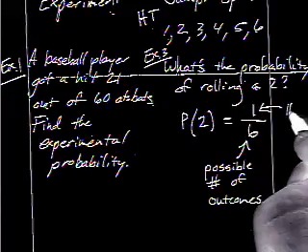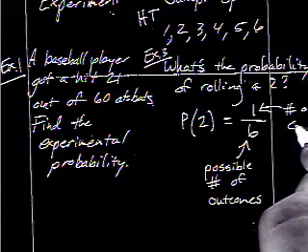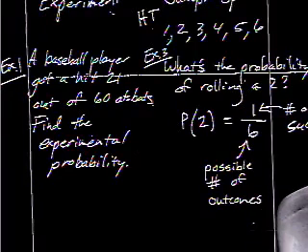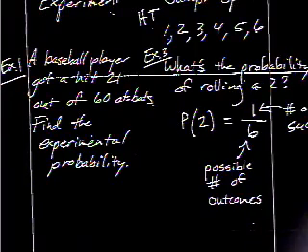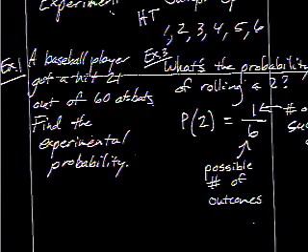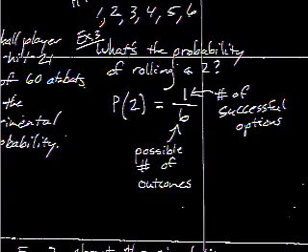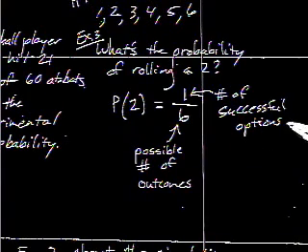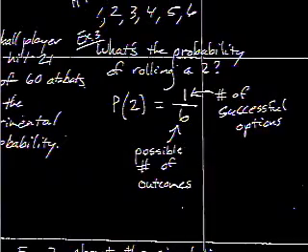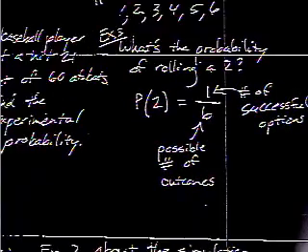So this would be the number of successes or successful options. So the number 2 only occurs once, so that's where we get a probability of 1 out of 6. Sorry, I can't see that too well. So number of successful options over the possible number of outcomes or options.